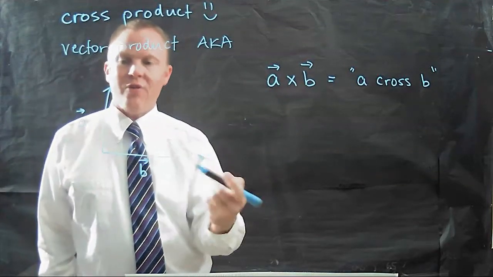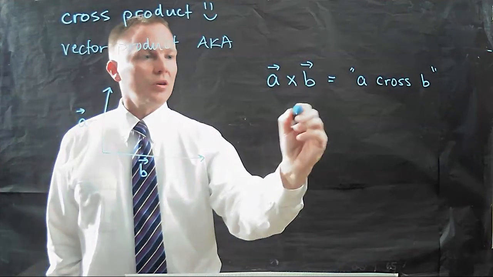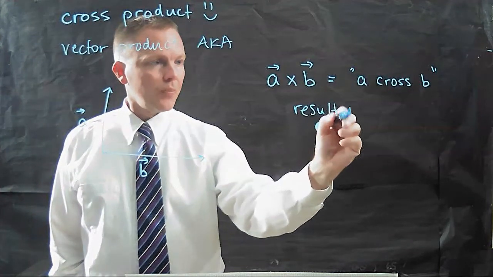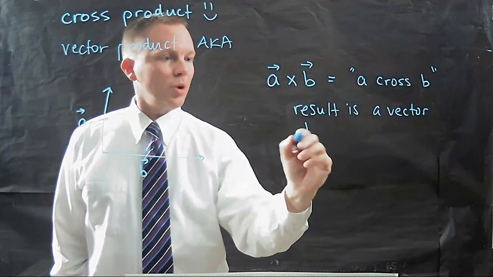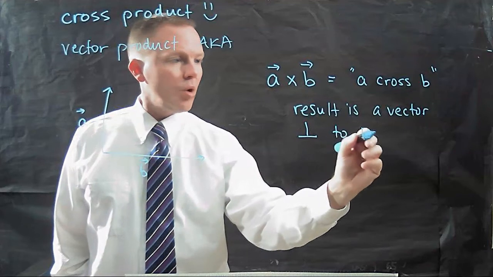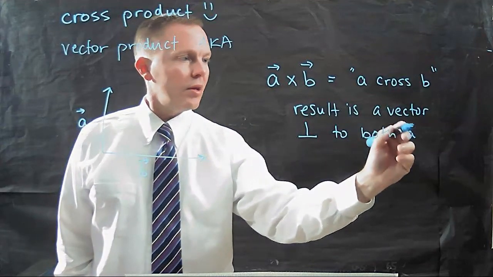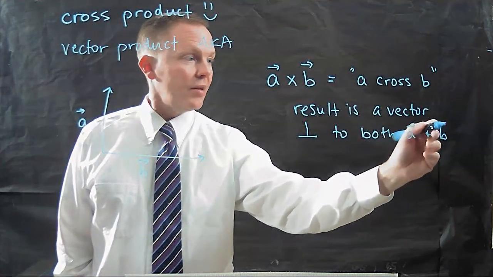And that third vector is a vector that's perpendicular to both A and B.